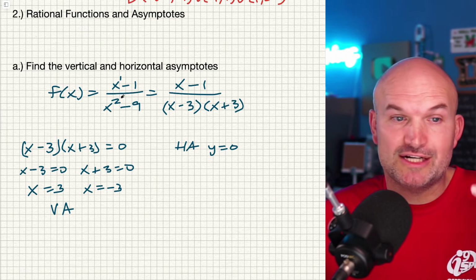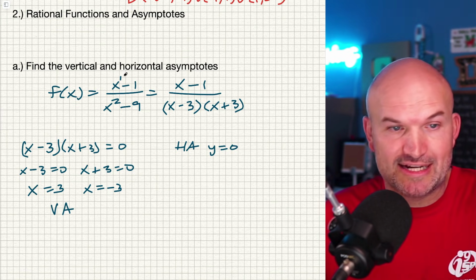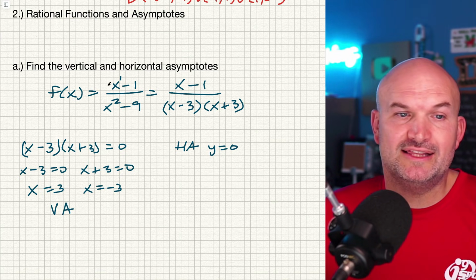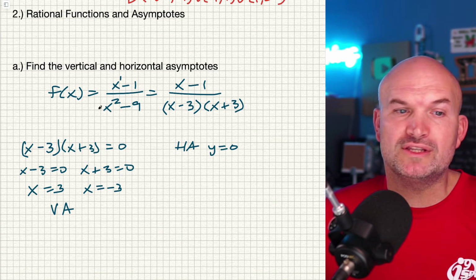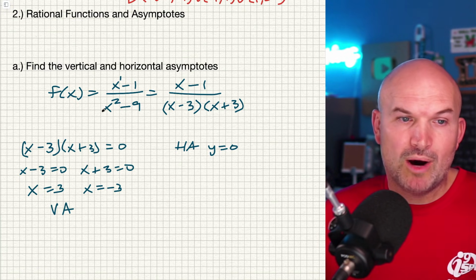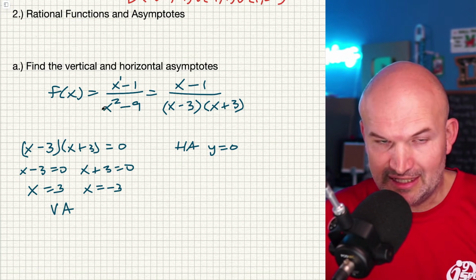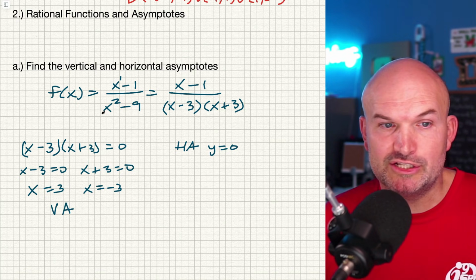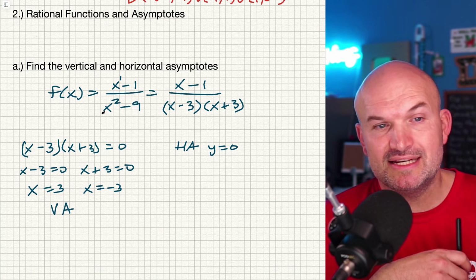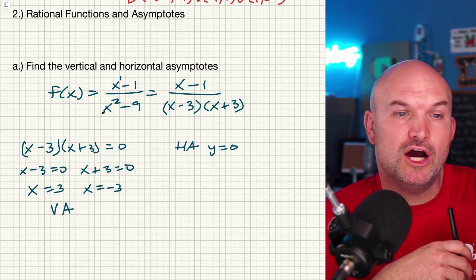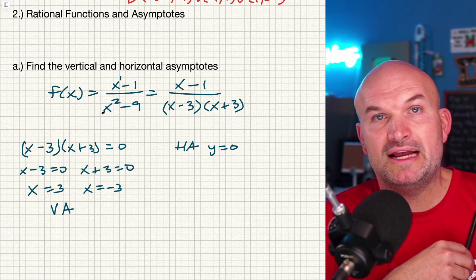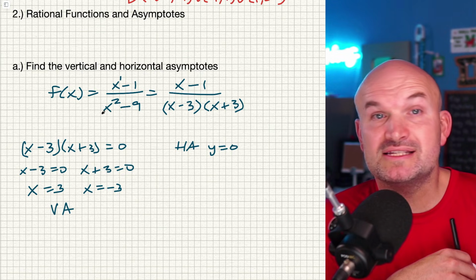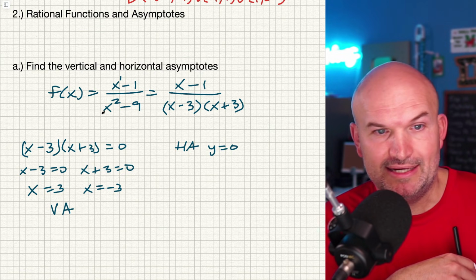When the degrees are exactly the same, so let's say this was x squared and this was x squared, then you're going to take the leading coefficient of your numerator over the leading coefficient of your denominator. So y equals leading coefficient over leading coefficient. A lot of times that's going to be a fraction, or it just reduces down to an integer. And then the last case is when the degree in the numerator is larger than the degree in the denominator, you're not going to have a horizontal asymptote. You may have a slant asymptote. So that's what we need to go ahead and check.